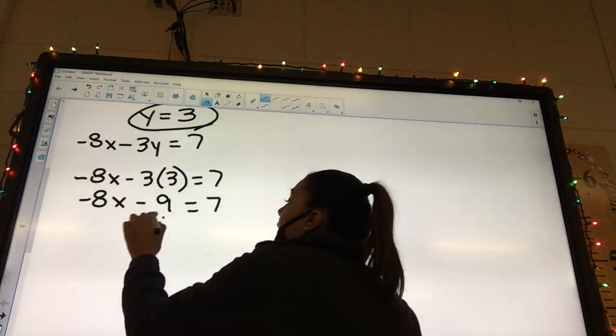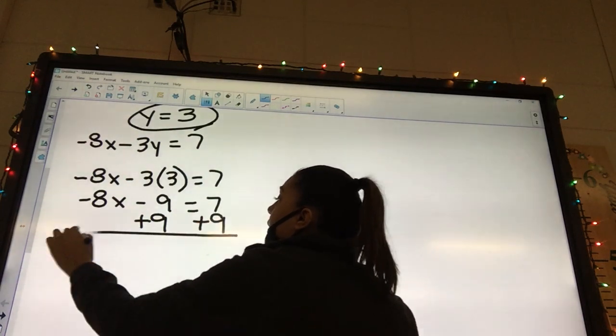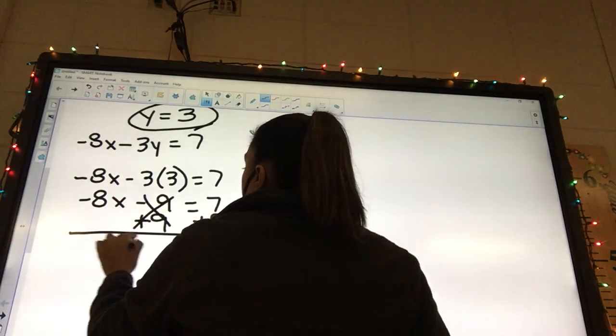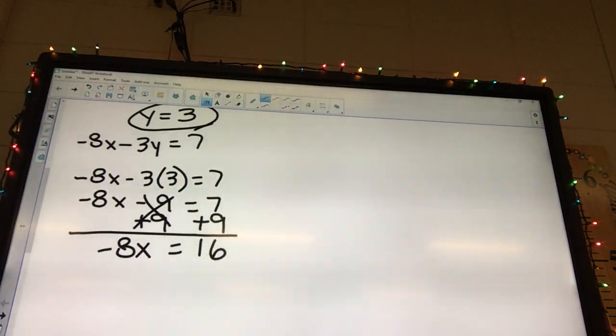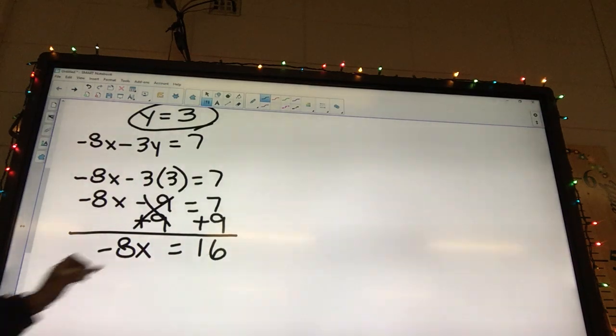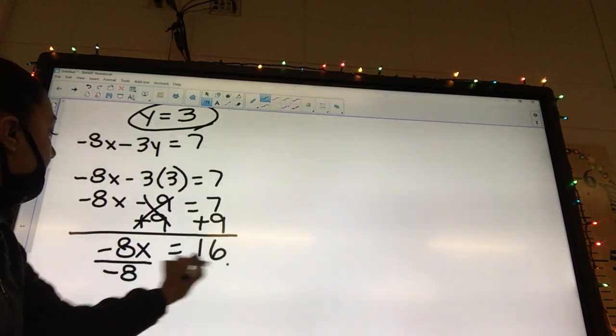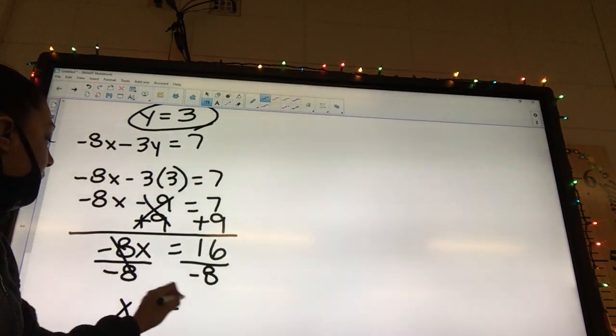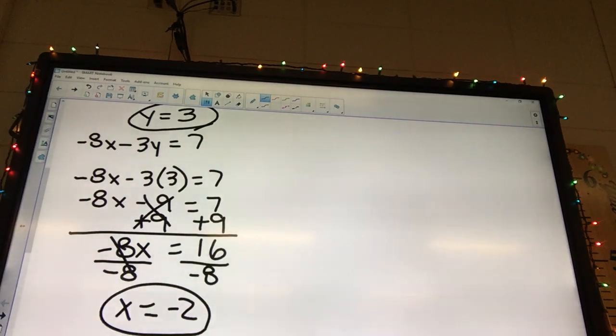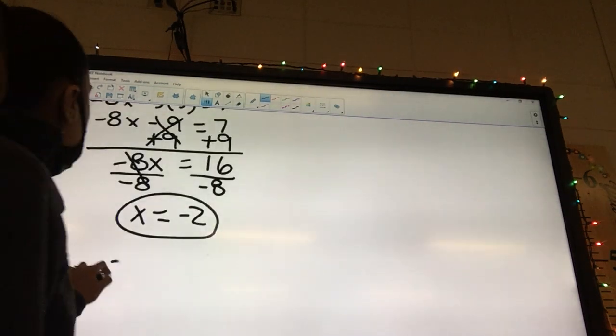Okay, and then we're going to add 9 to both sides. So I got negative 8x equals 16. We're going to divide. It's going to be negative 2. Okay, and then we need to write these in coordinates. So we're going to say negative 2, comma 3.